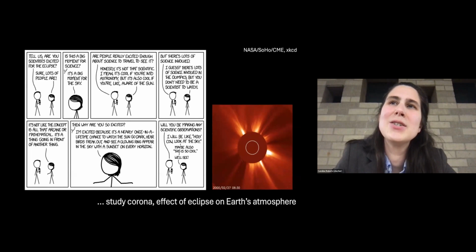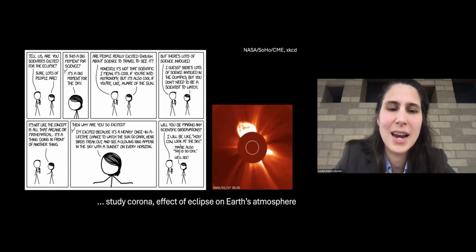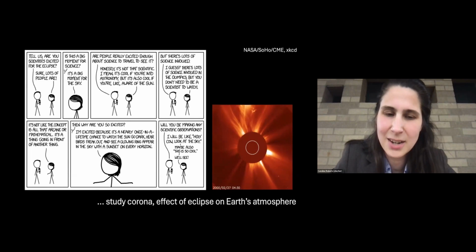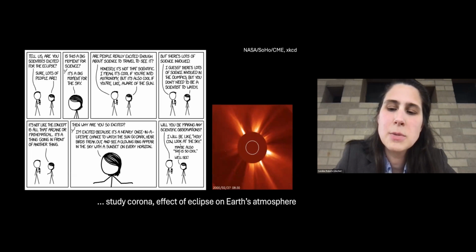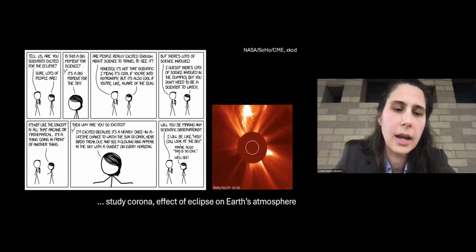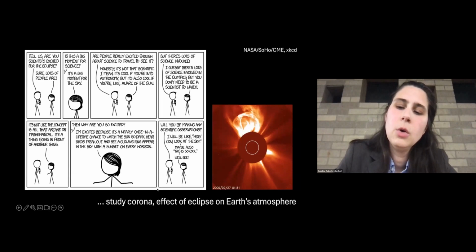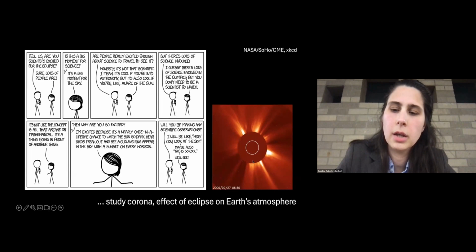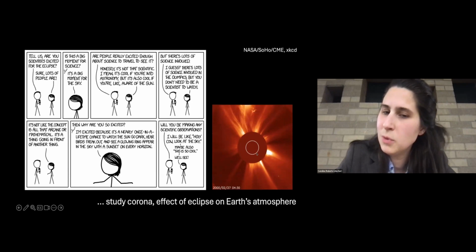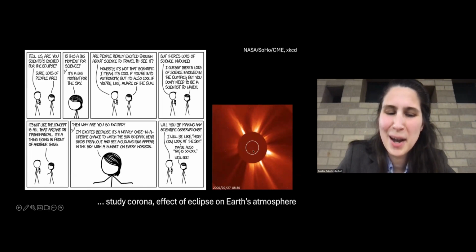But that's not to say that there's no research or no science that can be done during a total solar eclipse. It is possible to study that outer atmosphere of the sun, what we call the solar corona. We designed telescopes that can block the sun so you can see the solar corona, but the moon does it for us every couple of years.